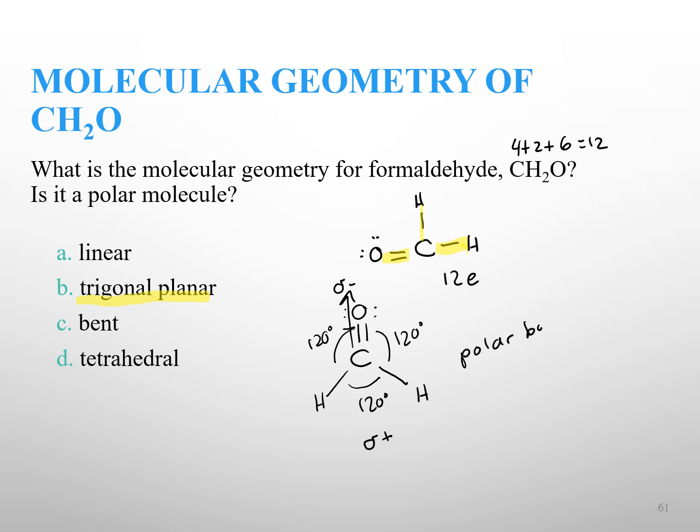Polar bond and polar molecule, because it didn't cancel out. Even though these two guys on the bottom are non-polar, this bond here is polar. So that's enough to make the molecule polar, because it's not symmetrical, because there's O on this side and H is on this side.